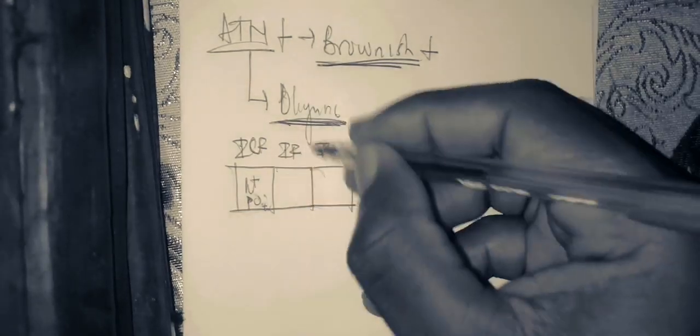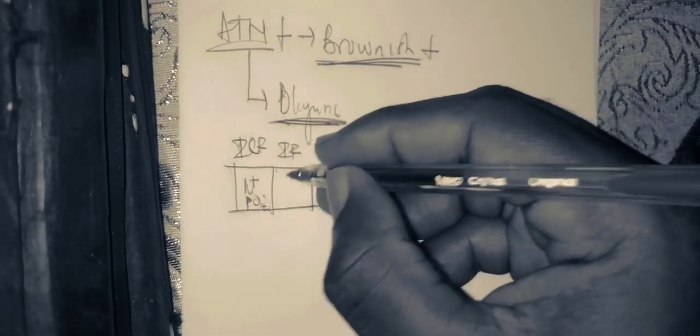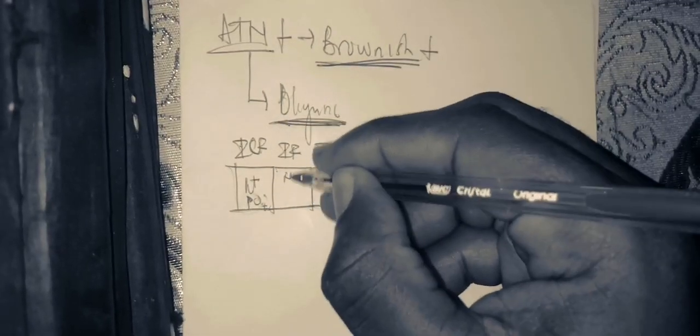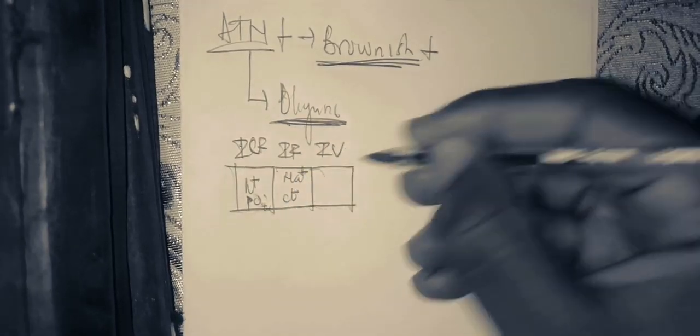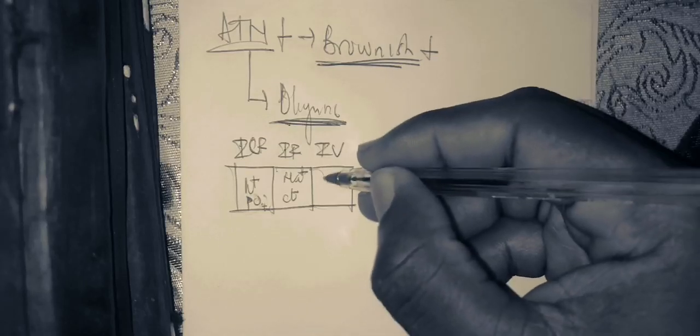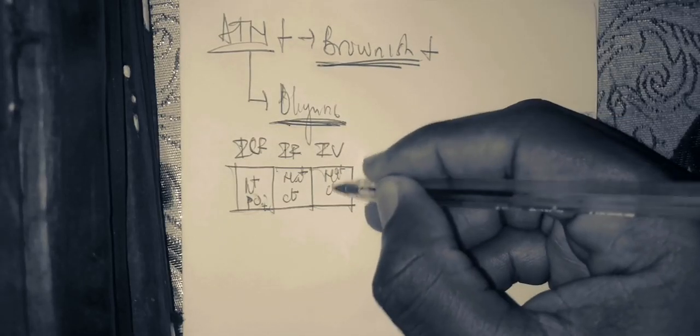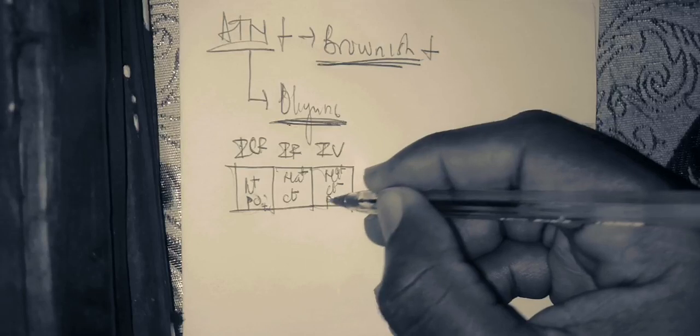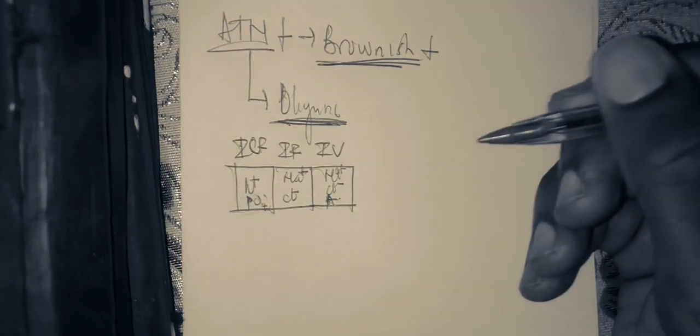Is it clear? Now, the interstitial fluid compartment mostly contains sodium ions and chloride ions, while the intravascular space compartment mostly contains sodium ions, chloride ions, and also proteins like albumin. Is it clear?